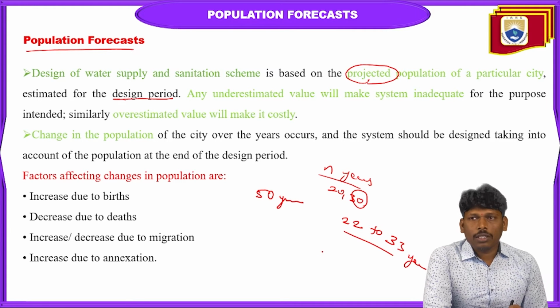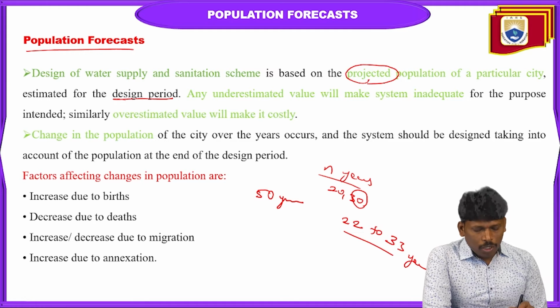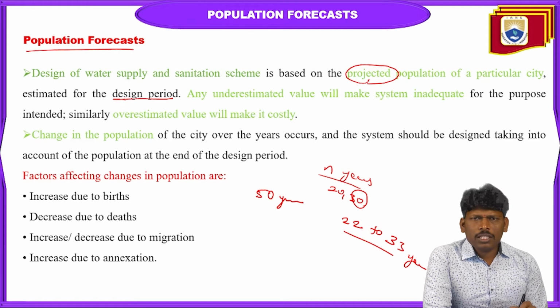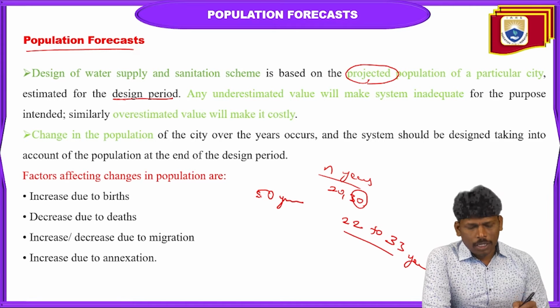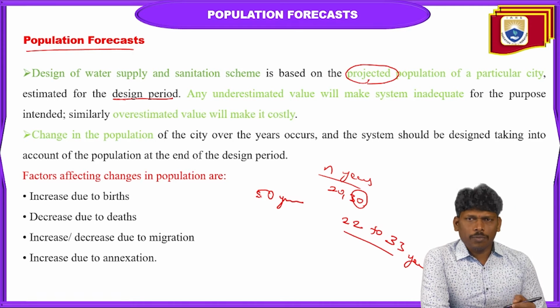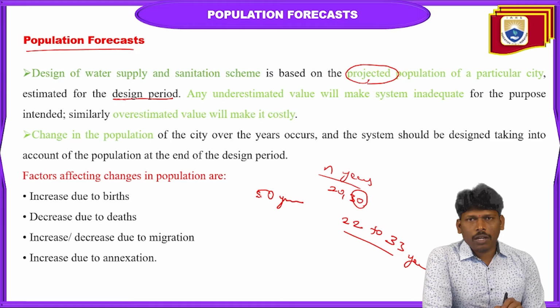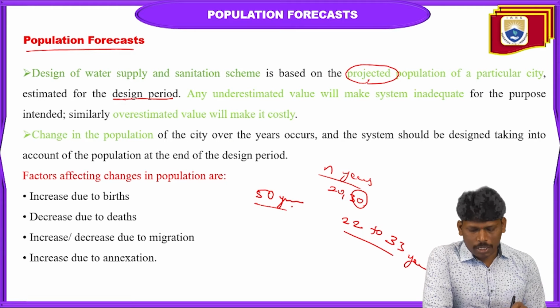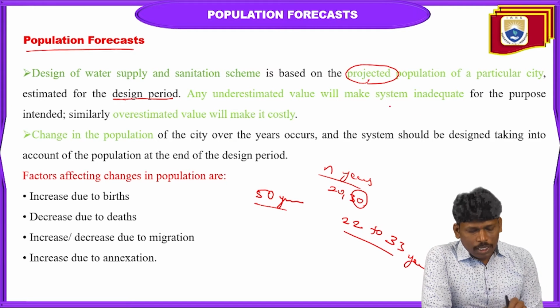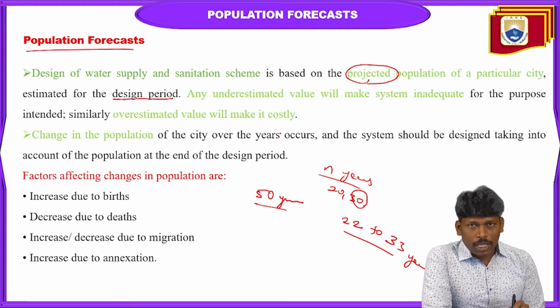If you unnecessarily fix this design period as 50 years or greater, it dilutes the entire objective. It is not actually required, and also by fixing this design period as 50 years, the cost of construction increases. So this is called overestimation.